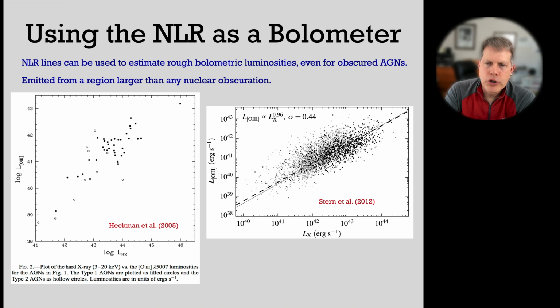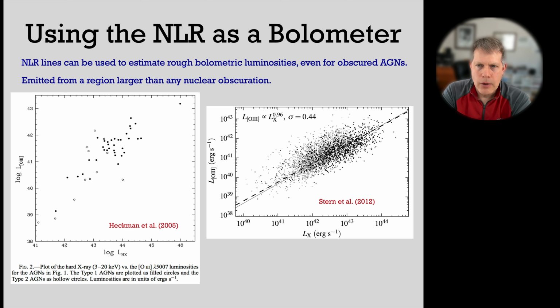And this can be appreciated from looking at these two plots down here, which show the O3 luminosity versus, in this case, the hard X-ray luminosity, which is another pretty good indicator of the bolometric power of an AGN. And the same thing is shown here, again O3 luminosity versus X-ray luminosity, with many more data points included now.